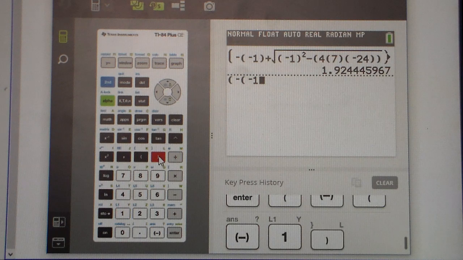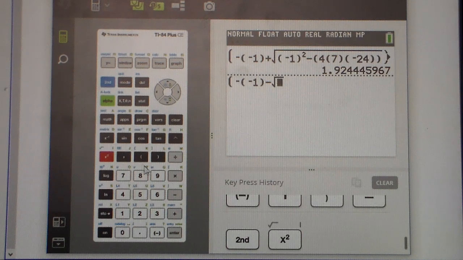Now we're going to do the same thing but with the negative sign. That's what I'm doing right here. So this was the plus sign, now I'm doing the negative sign, for the two separate answers.